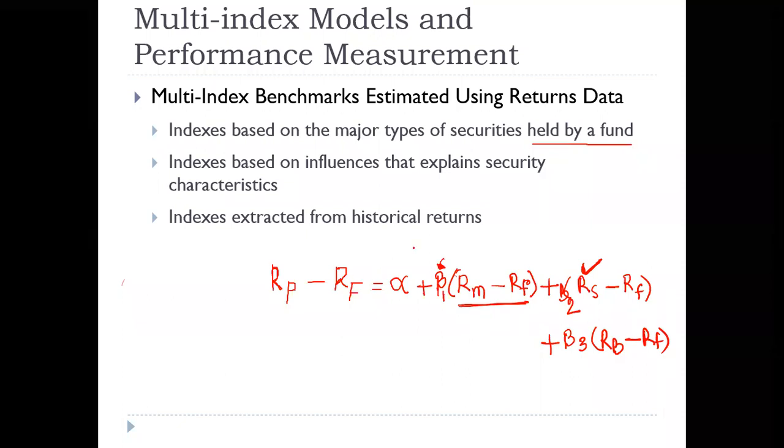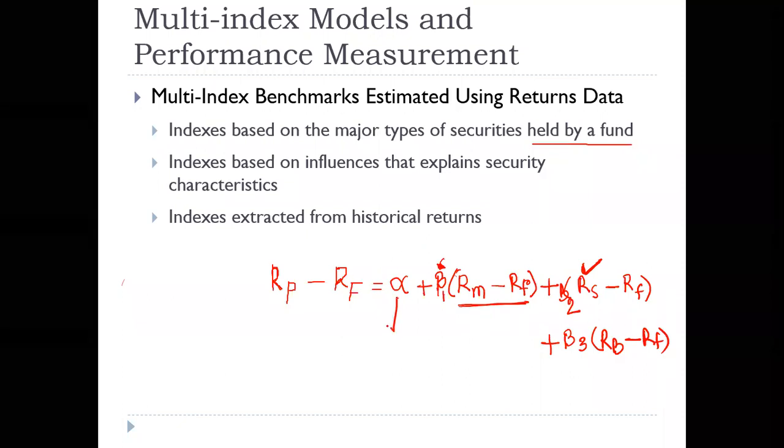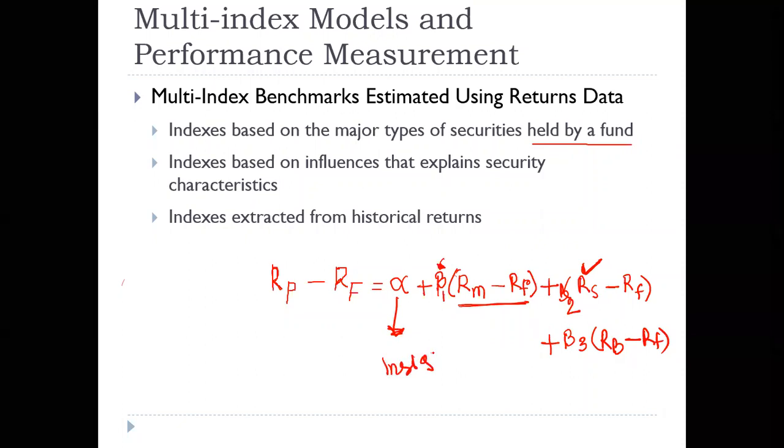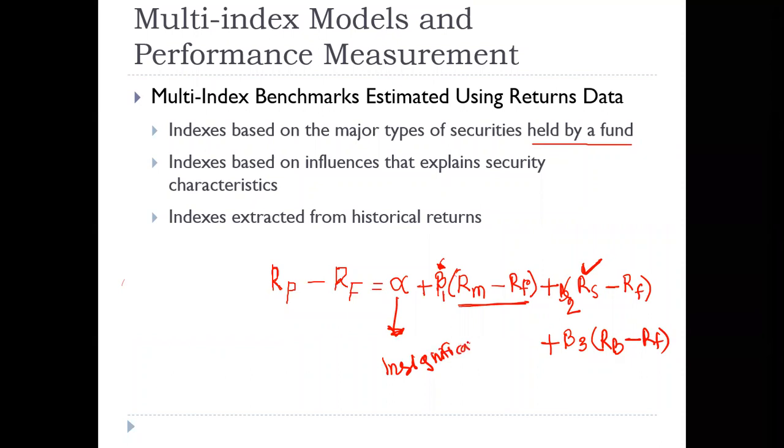And in that case, it has been found that the reported alpha has become very insignificant. So with this extension of the benchmark, or extension of the Jensen alpha model, the alpha has become insignificant.